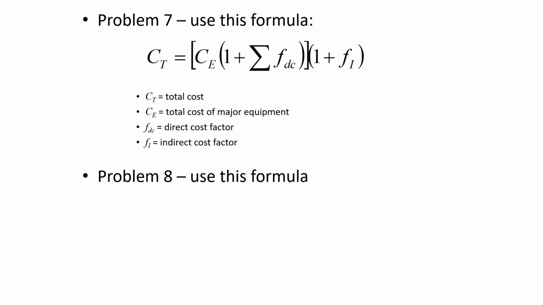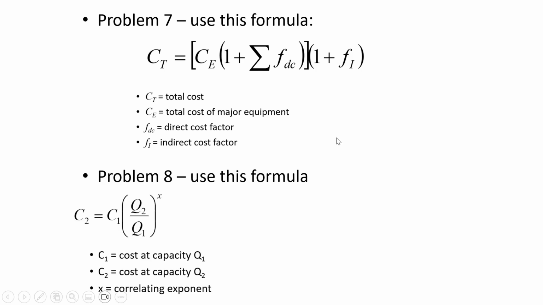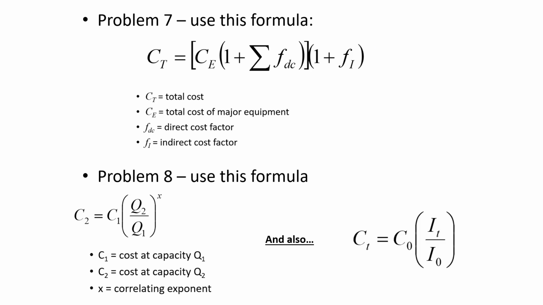For problem 8, the formula that you should use is the cost capacity equation, which we're going to talk about today as well. How differences in sizes aren't always having a linear effect in cost. So just a couple of hints for the assignment which is due on Wednesday. I guess problem 8 is also going to be incorporating the cost index on top of cost capacity.